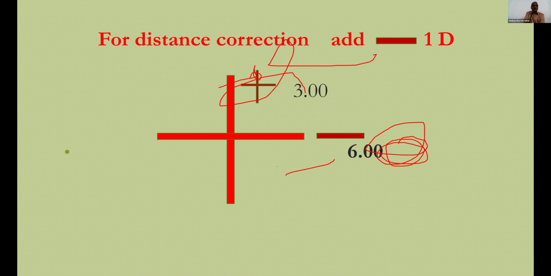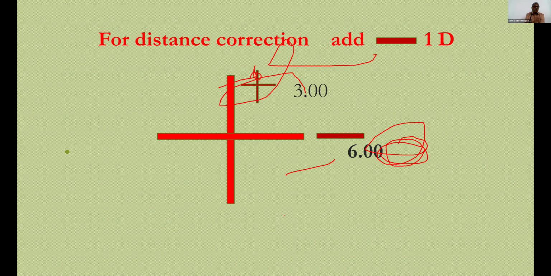Plus 3, that means minus 9, so plus 9 cylinder, 180. Now I told you plus 3 with the minus 9 cylinder, 90. That's what you have written. Instead, I can write like this also: minus 6 sphere with a plus 9 cylinder, 180. That glass is also the same. That is called the transposed glass.